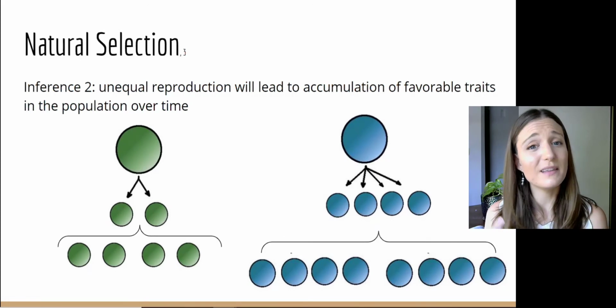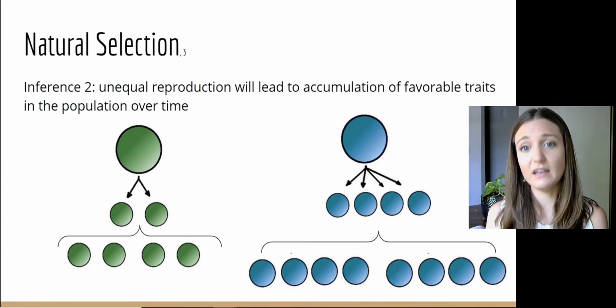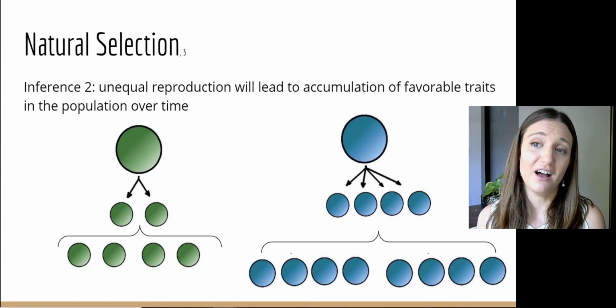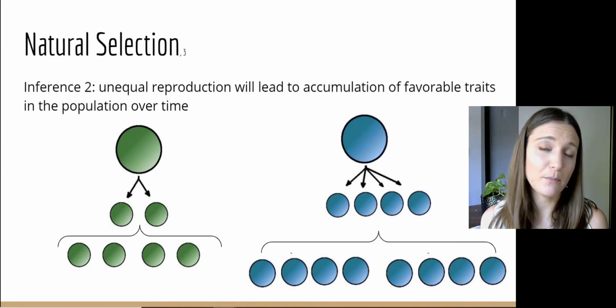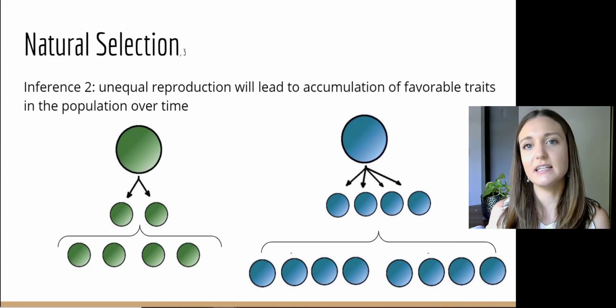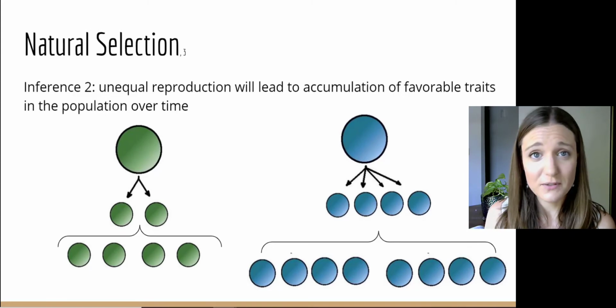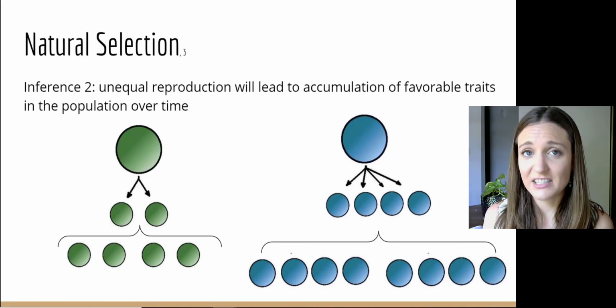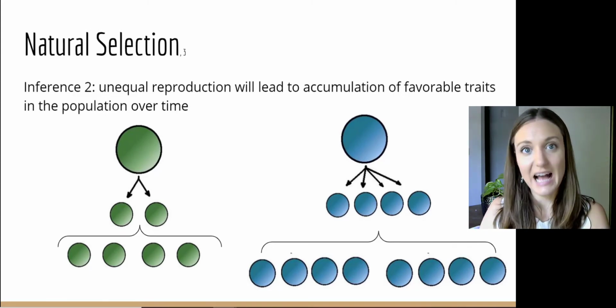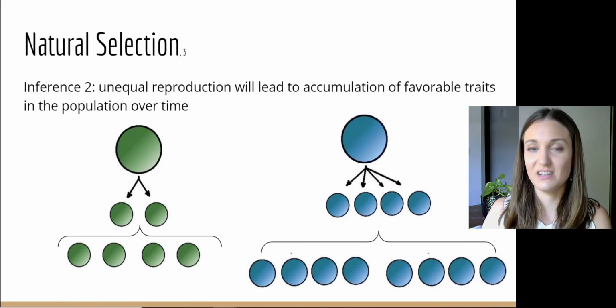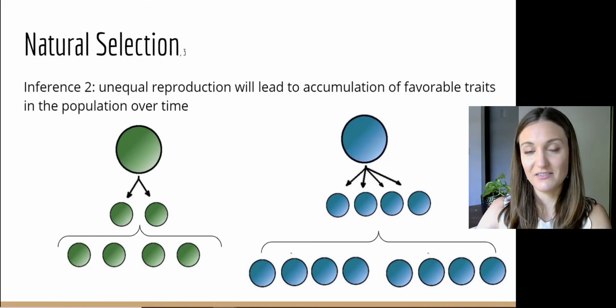And if we let this idea play out over time, this unequal reproduction will lead to an accumulation of favorable traits in that population. Individuals that have traits helpful for surviving in a certain environment will pass those traits to the next generation, and that next generation will also have an increased rate of reproduction if they have those favorable traits, right?